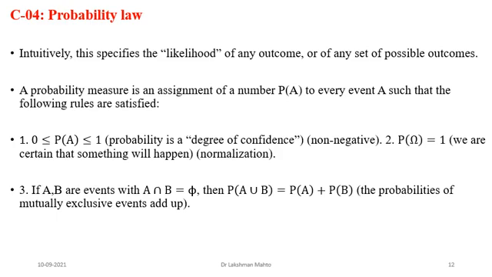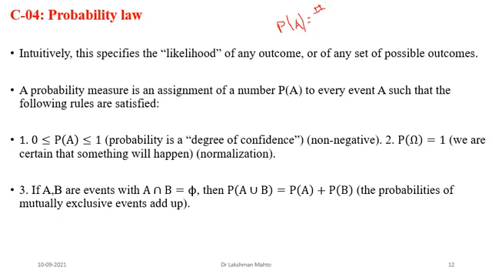Now the question you can ask is, how can we calculate that assigned number P(A)? You can calculate it through various approaches. One approach, the classical definition, says that the probability of A is calculated through a ratio. That means the probability of A equals the number of times that A occurs.